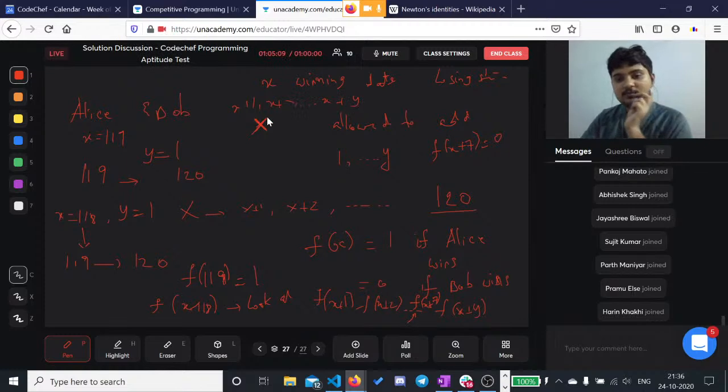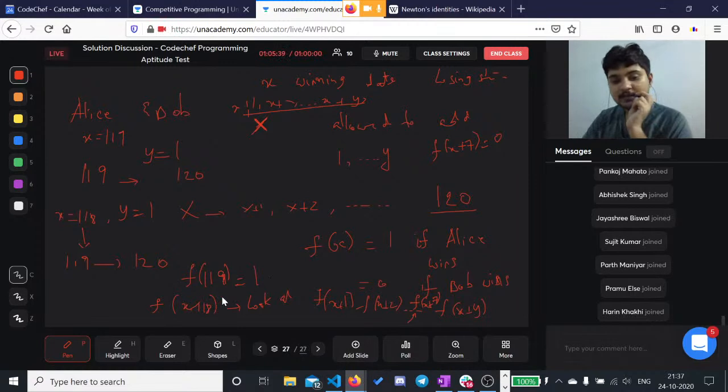Amongst the possibilities that you have, if any of them is losing, then you move to that position, and from there on you know that the next player who's starting at that turn will lose the game and you will win the game. So f of x will be 1 only if one of these, x plus 1, x plus 2 to x plus y, is 0. Otherwise f of x is 0.